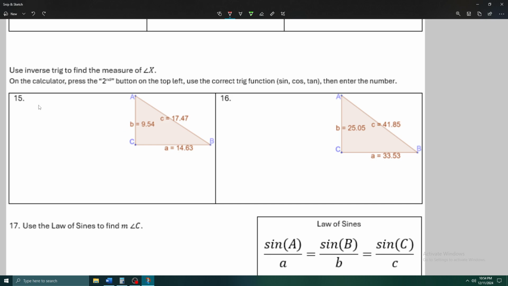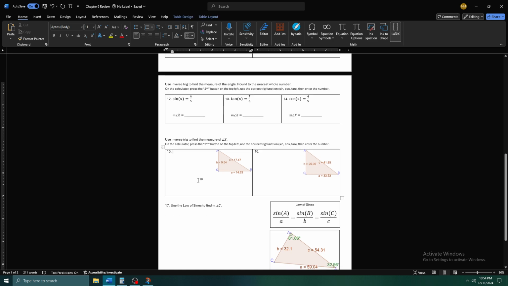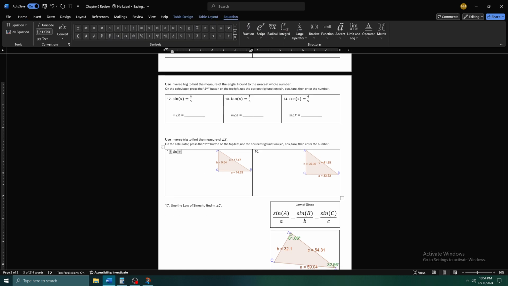Okay, I got to fix this. I'll do the sine of A. Let me just enter that right now before I forget. Good thing I went through this, huh? Oh, angle X, that's why.